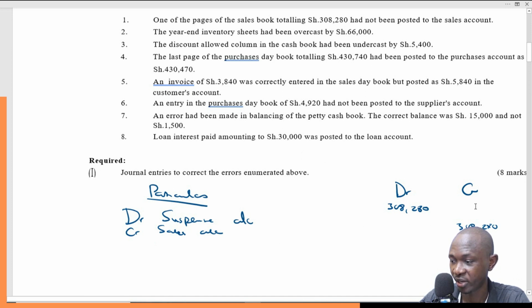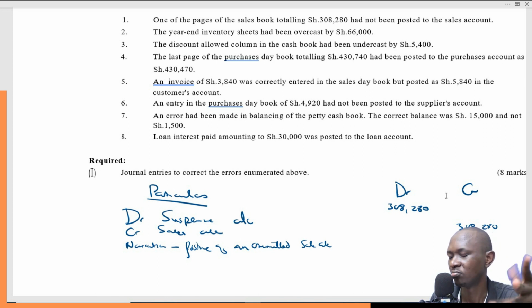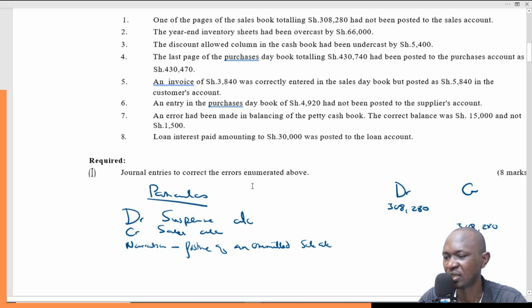Sales account is a credit account. That is the transaction. Now we can talk of the narrative. In the narrative, you simply say a posting of an omitted sales account. It shows that it was a posting of an omitted sale.